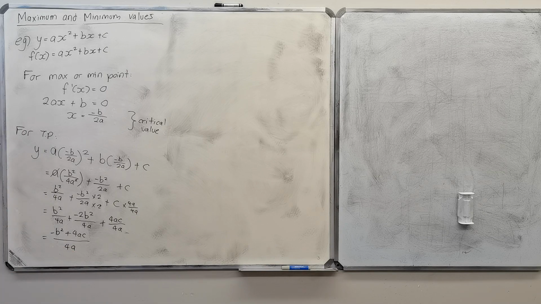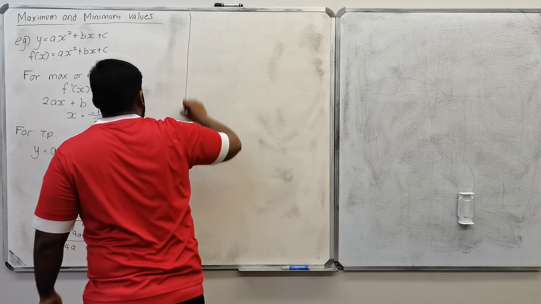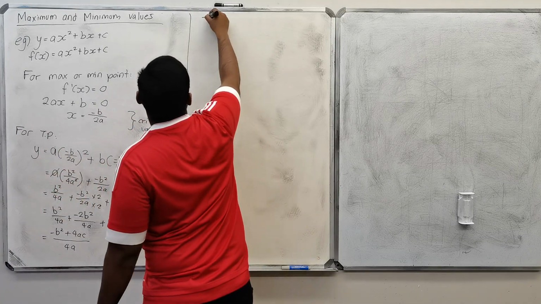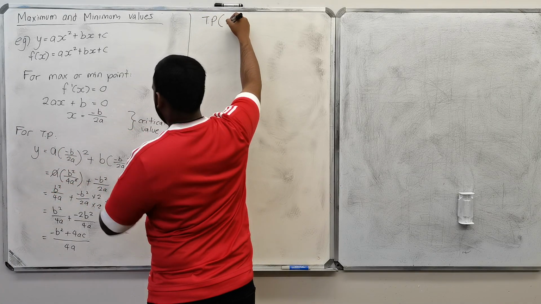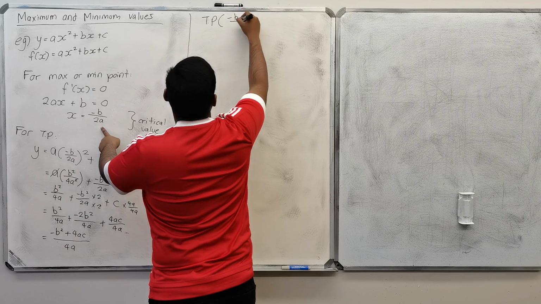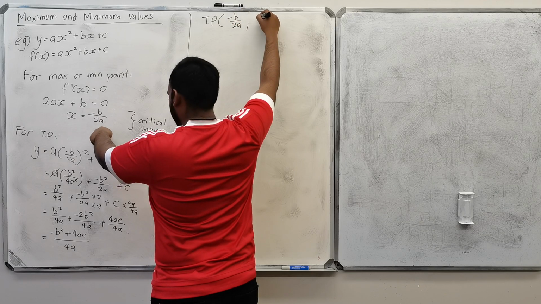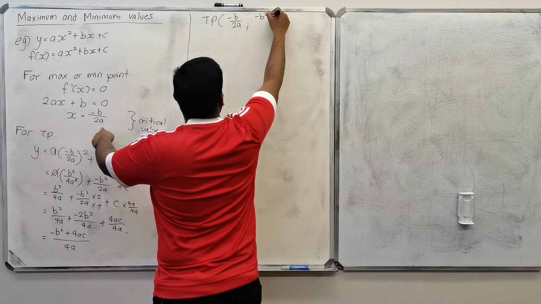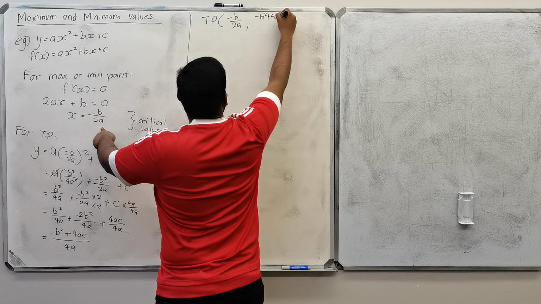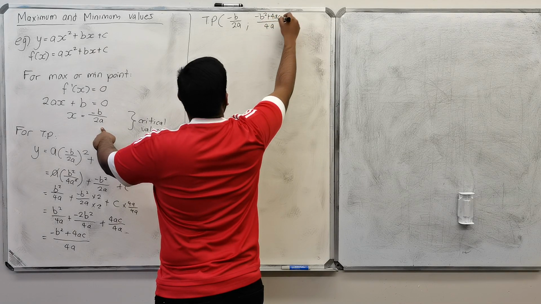You can leave it there, right? So your turning point is minus b over 2a and minus b squared plus 4ac all over 4a.